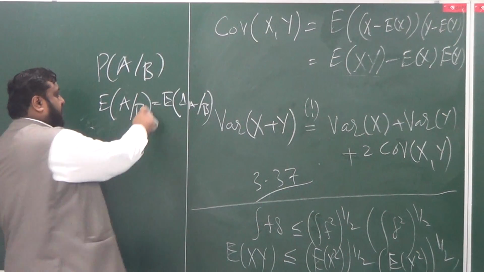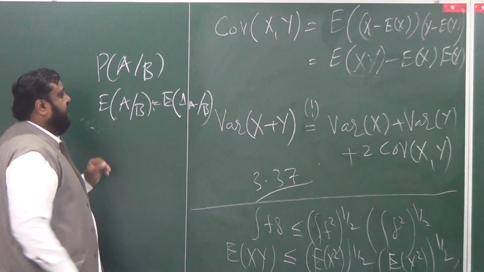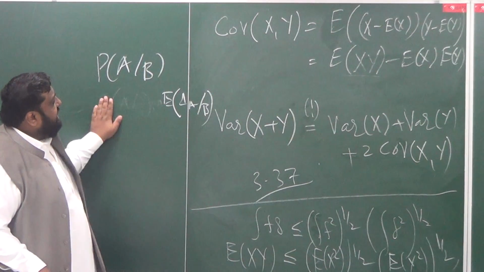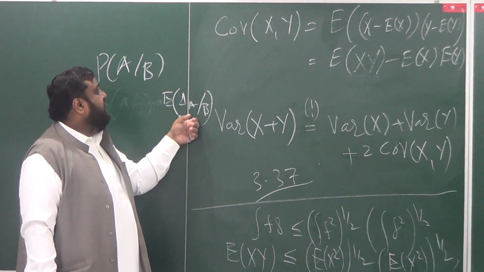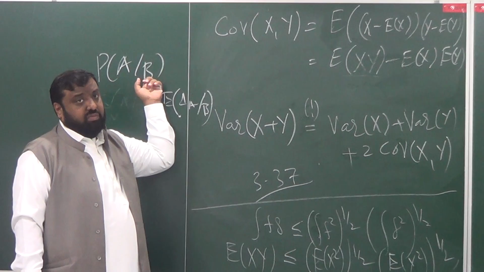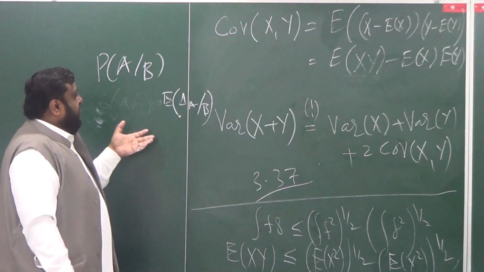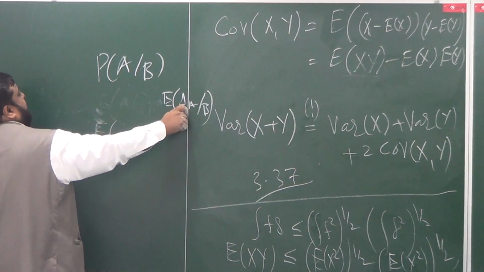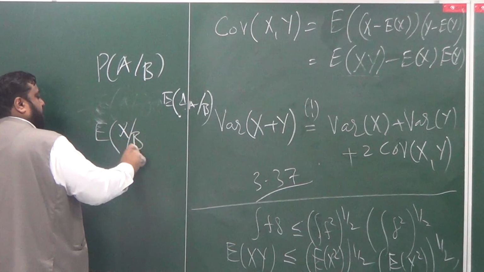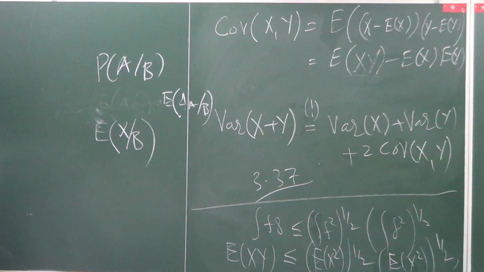So I can compute the expectation of the indicator function, and I would like to show that this breaks down to the probability. Next, replace the indicator function by an abstract random variable. What would be the meaning of the conditional expectation of a random variable with respect to an event?